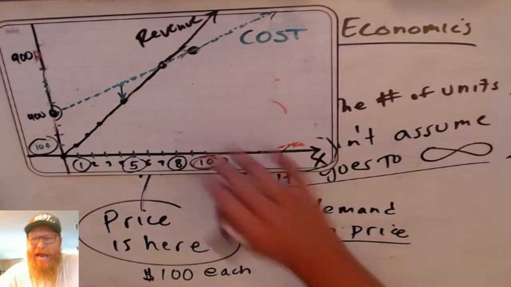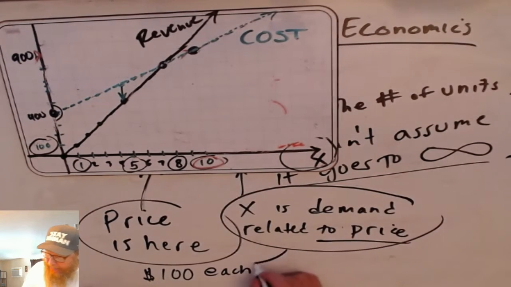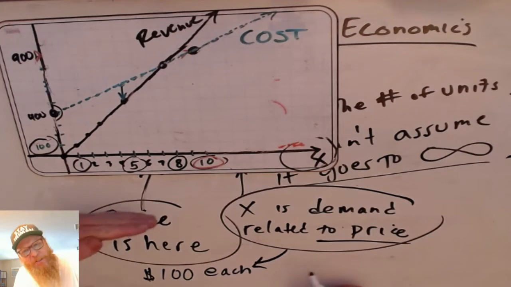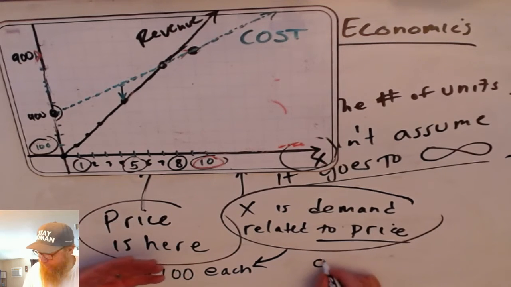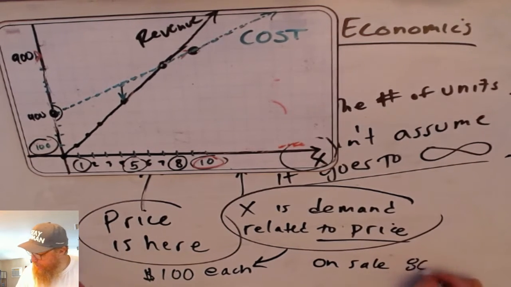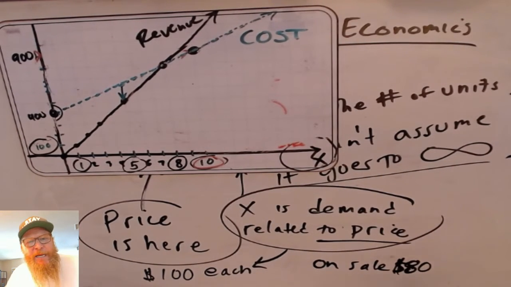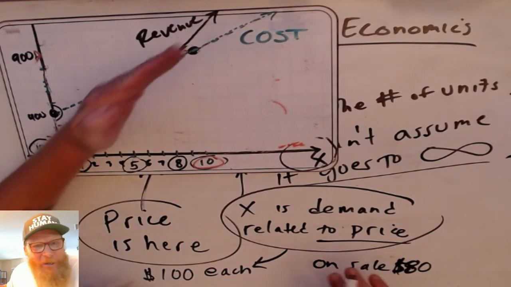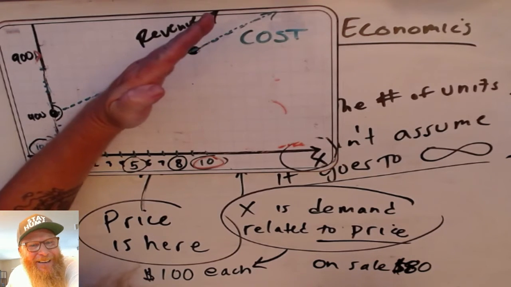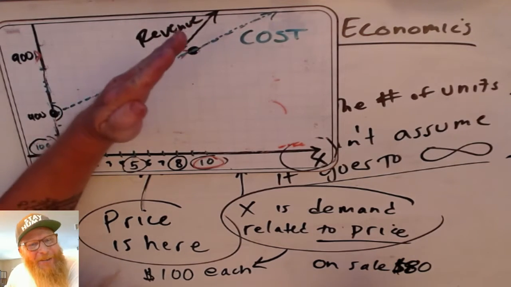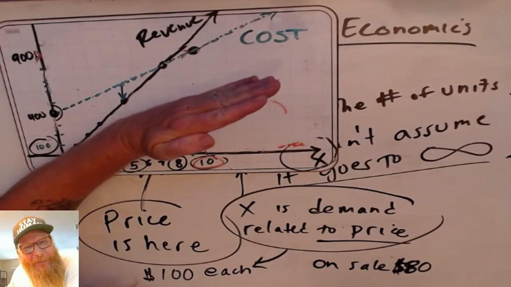So what happens if the demand affects the price? Suppose the price goes down. You know, suppose I got too many skateboards and I've got to get rid of my skateboards, and now the price goes down to $80. Well, this is no longer going to be this line. It'll still be a line, but it'll be a different line, a line that's a little bit less.